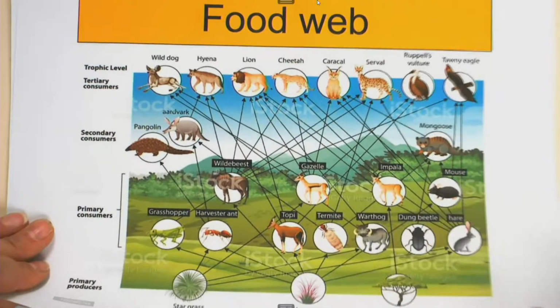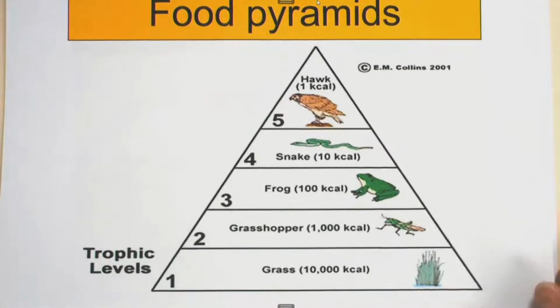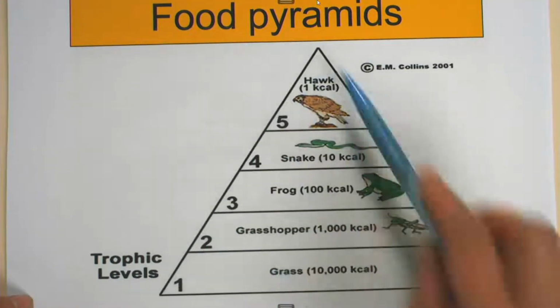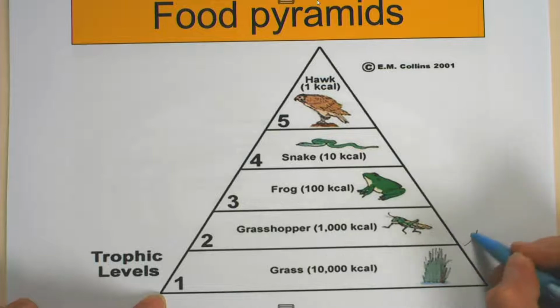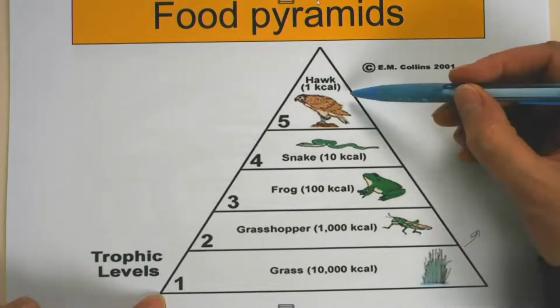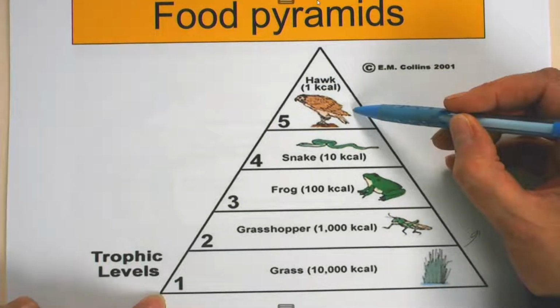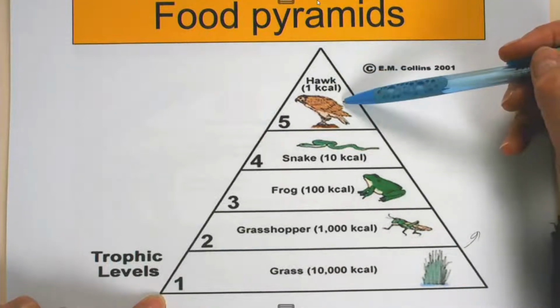Okay? And then the last one here is the food pyramids. You can see this is a pyramid. The bottom level, trophic level 1, is the widest one because it has the most energy, 10,000 kilocalories. There's the grass. Then when we go to the next level, some of the energy is lost. And as we go towards the top, even more energy is lost. And this one is on the top of the food chain.